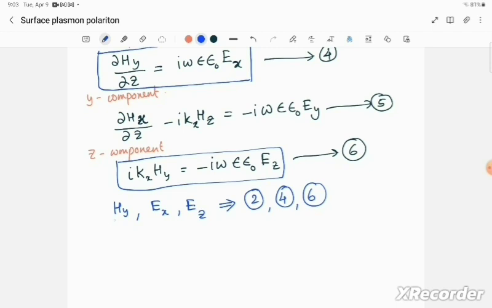And this, as you see, has the magnetic field in the y direction, and there is no component of magnetic field in the z direction, that is perpendicular to the interface. And so this particular one is called transverse magnetic mode. So this is the TM mode as we know it.